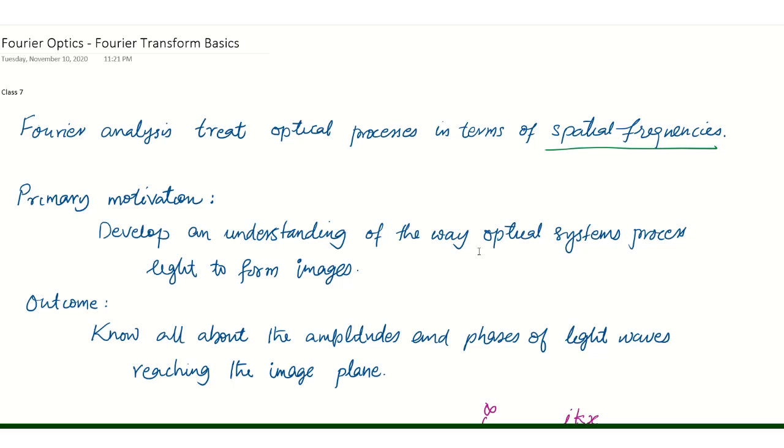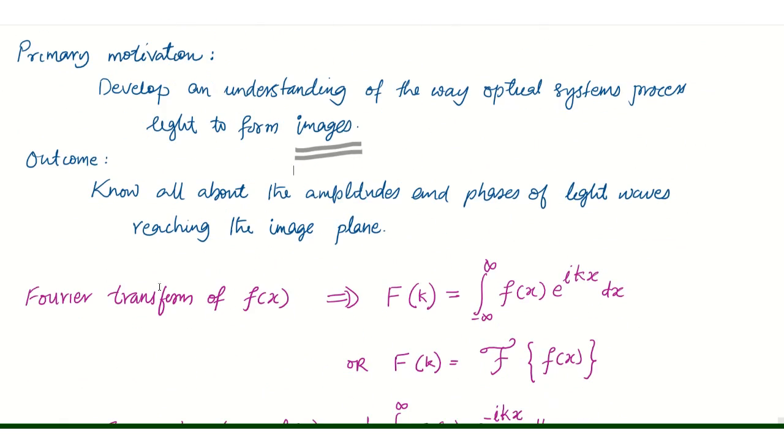Then the primary motivation will be to develop an understanding of the way optical systems process light to form images, and also on diffraction. And we should know all about the amplitudes and phases of light waves reaching the image plane.